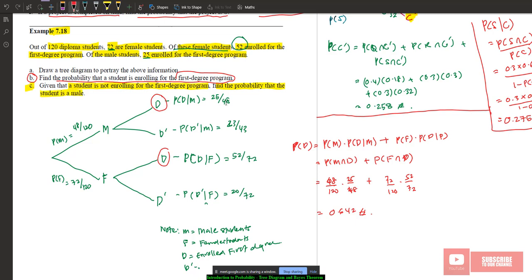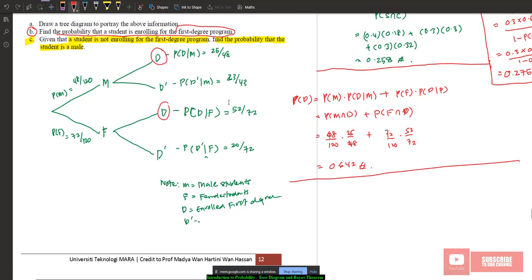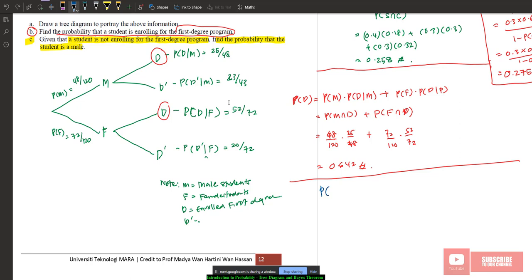So we already know that the student is not enrolling for the first degree program, and we are interested to know the probability that the student is male.